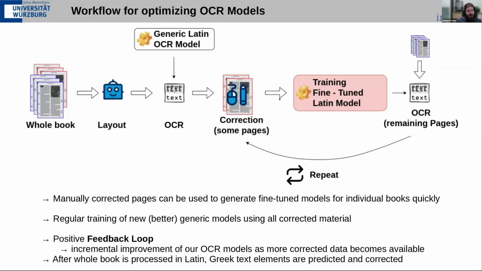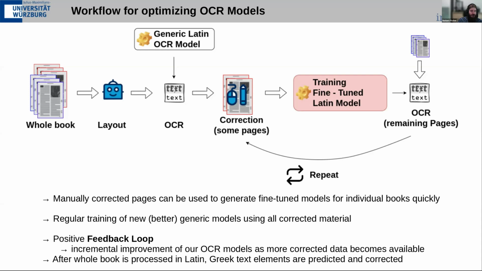Okay. Let me now present you our workflow for optimizing the Latin models. So we first started off with a generic Latin OCR model, which we trained on the data that we had available and also on some of the first annotated data from the Camerarius project. Then we trained the generic Latin model.